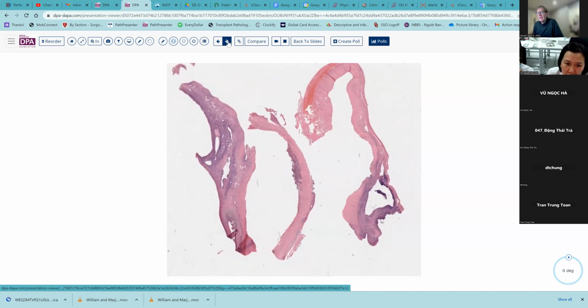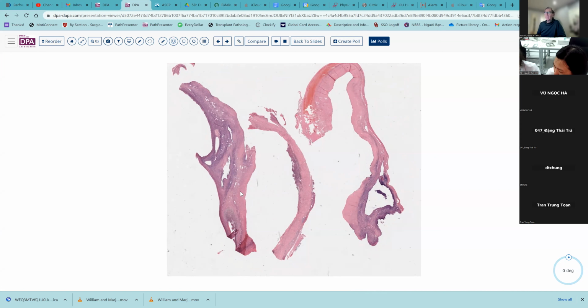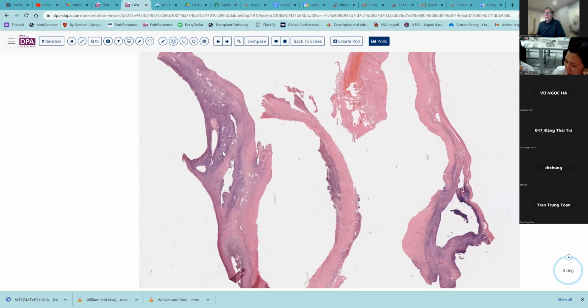So one of the things that can overlap morphologically with this finding are some of the cystic neoplasms of the pancreaticobiliary tree. And so here is one of these that can be mistaken for adenomyosis. Here you see a thickened wall in areas, but at low power, notice how you also have this sort of bluish purple stroma.